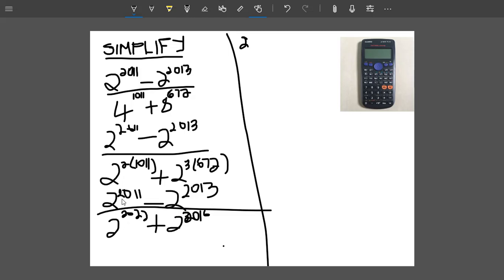You realize that this is 2011, this is 2013, 2022, 2016. So the lowest power is 2011. This is our common factor, 2 to the power 2011.